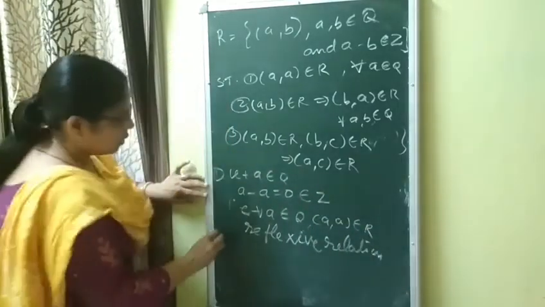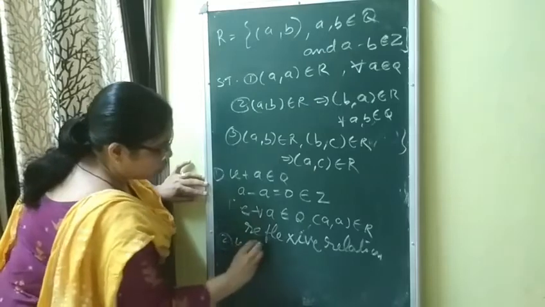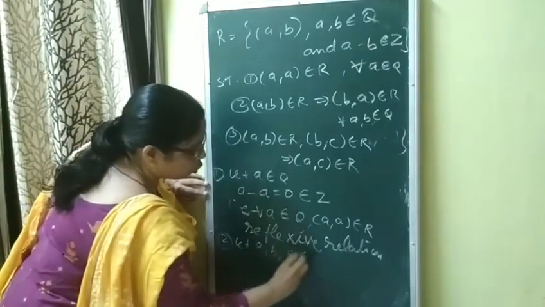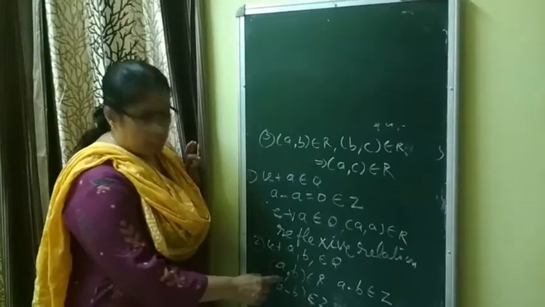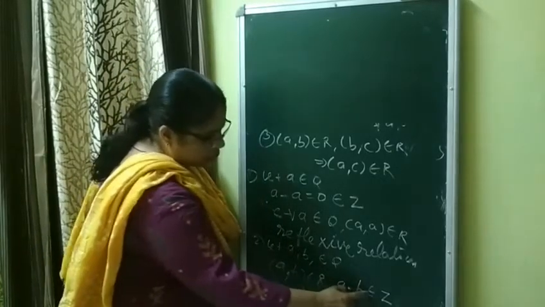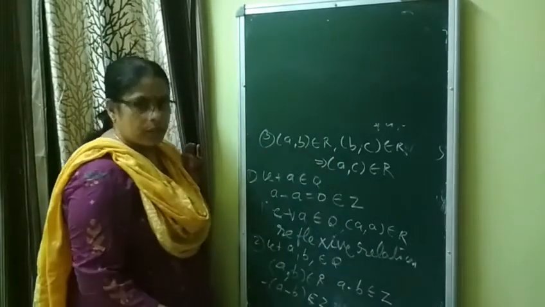Second one: let a, b belong to Q, that is ab belongs to R, means a minus b belongs to Z by our given condition.